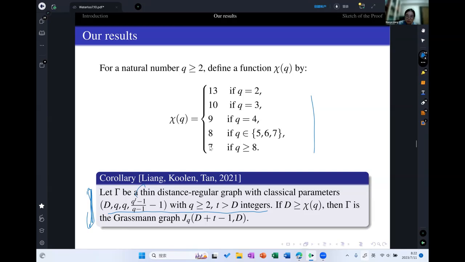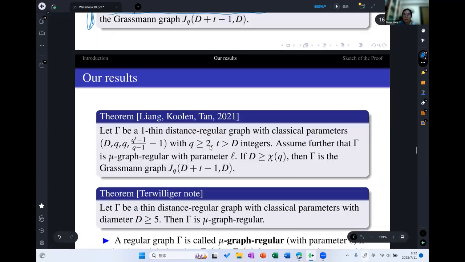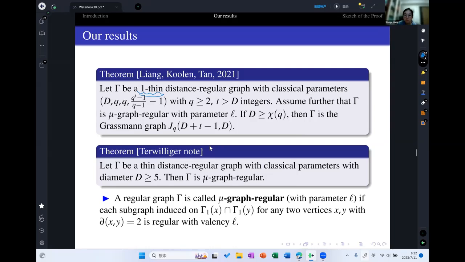So actually the thin condition is stronger, so we can weaken this. We show that if gamma is a one-thin graph, and we add the mu graph regular condition, then we can get the same result.